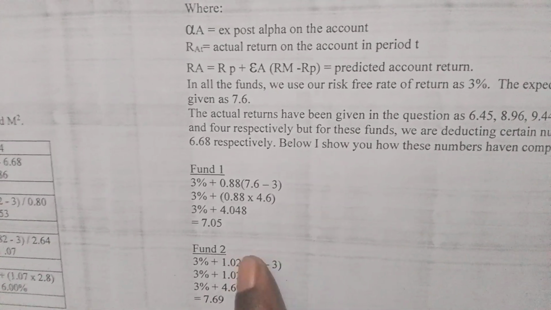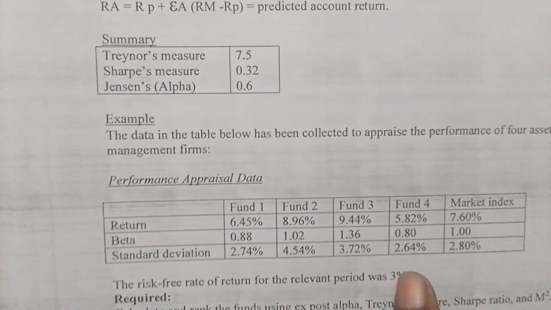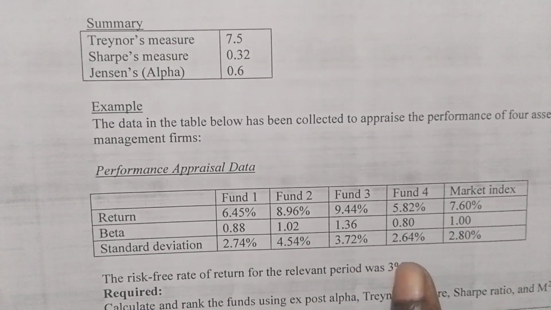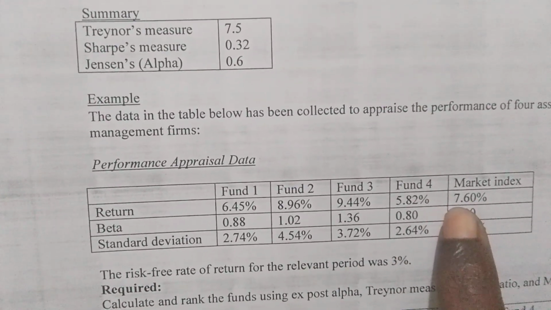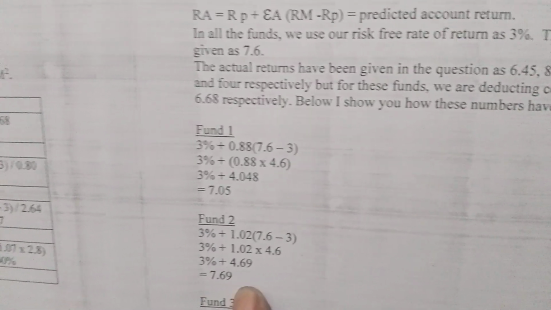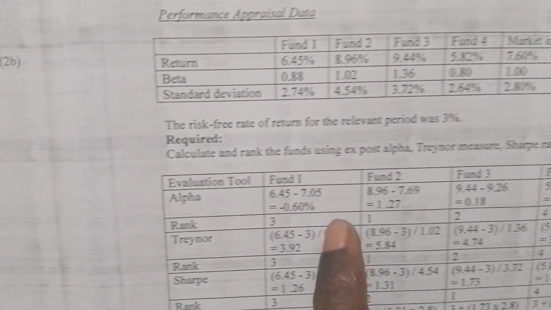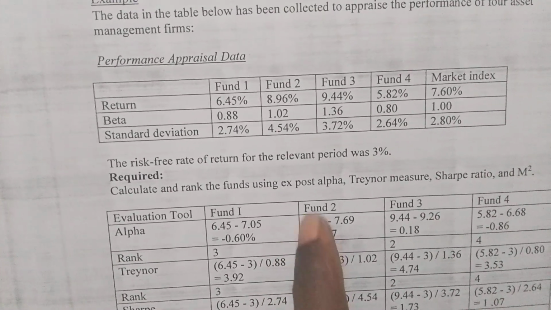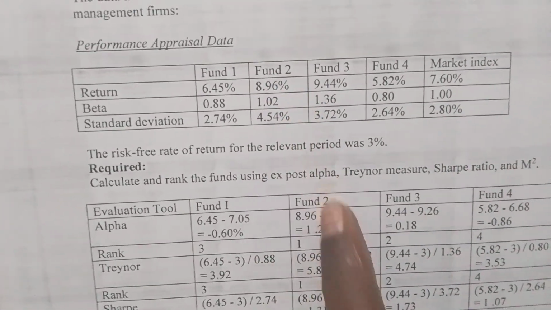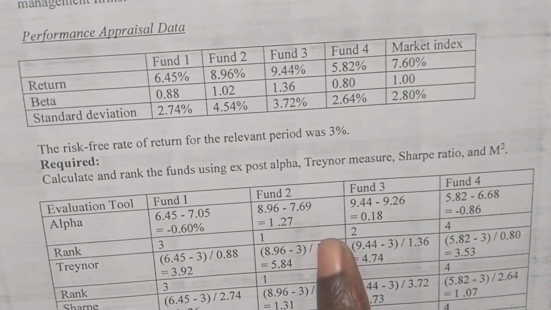Now this part does not change, because we are taking the return for the market index 7.60, you minus the risk-free rate, and then once you work that out, you get 7.69. Therefore, for fund 2, you'll be talking about 8.96, which is the expected return, then you minus 7.69, you get 1.27.